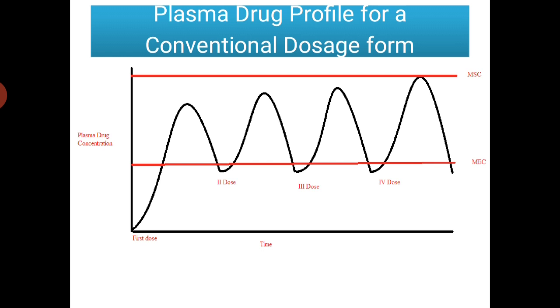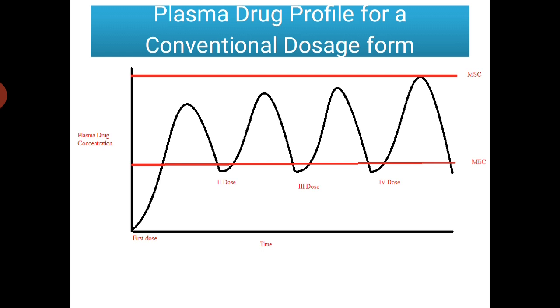So this is the plasma drug concentration-time profile for an orally administered conventional dosage form. It can be a tablet, it can be a capsule, whatever it can be. For example, if you assume a tablet, once after administering, it slowly releases the drug in the stomach. The drug starts absorbing into the systemic circulation.